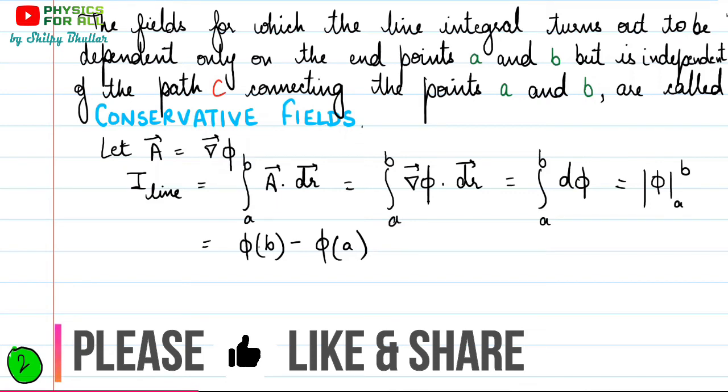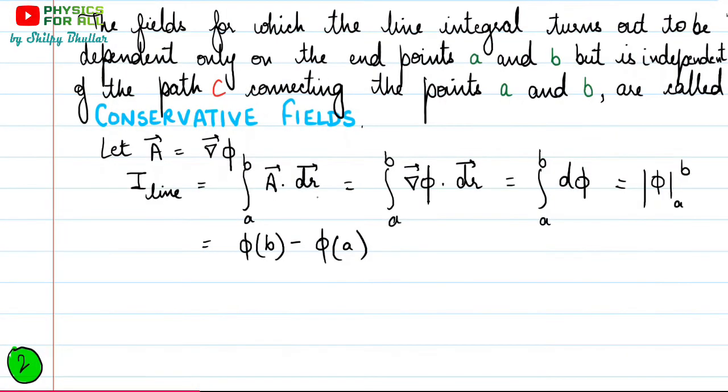We did include the path before, but not now. In the answer, it's somehow gone. All we have to do is put in the value of a and see what the value of phi is, and then again put in b and see what the value of phi is, and the difference would give us the answer.